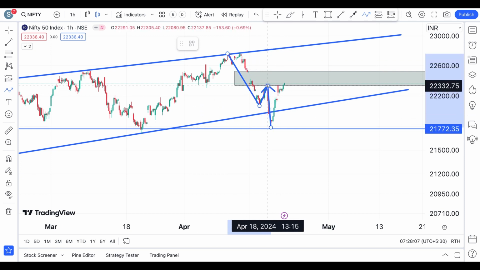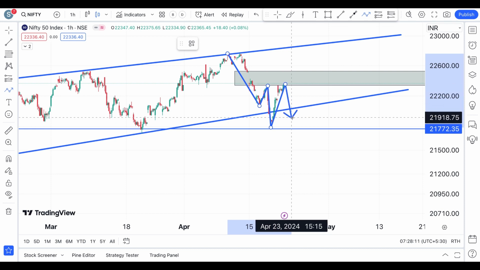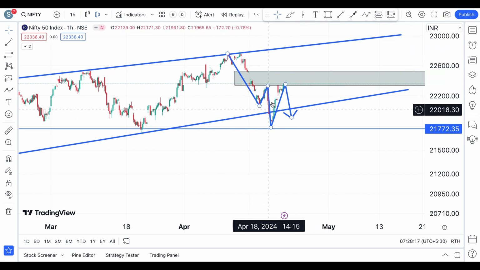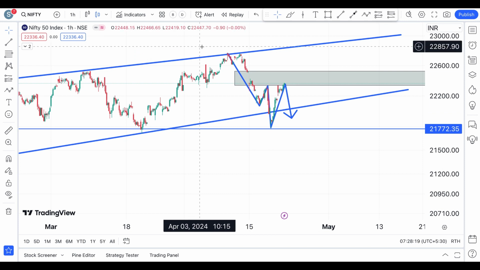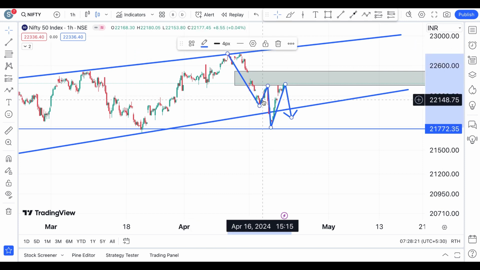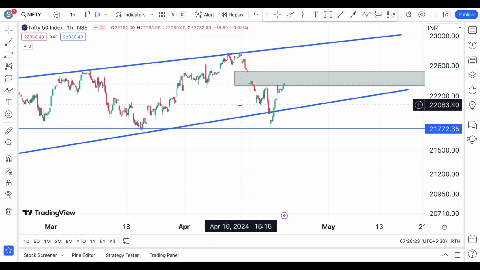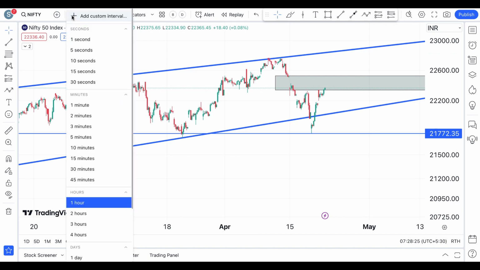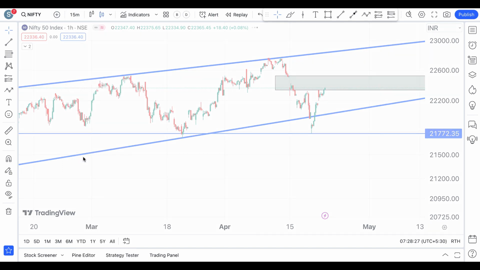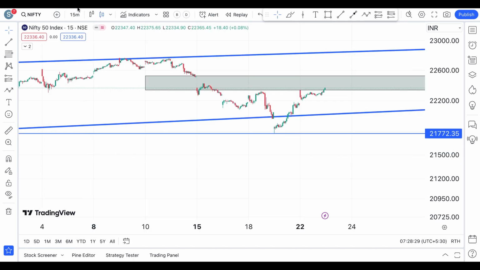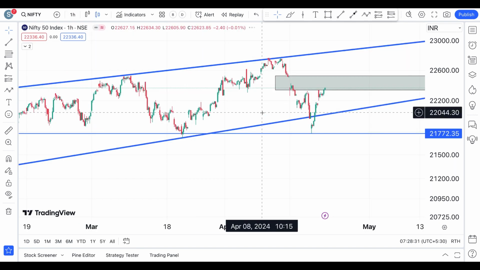But then it has again given us a close above that, so we are waiting. On a 1 hour time frame, things are a little unsettled here based on the swing momentum, but on a 4 hour time frame it is very evident to see the momentum. That is why you need to understand all the time frames before you come to a conclusion about what's going to happen.